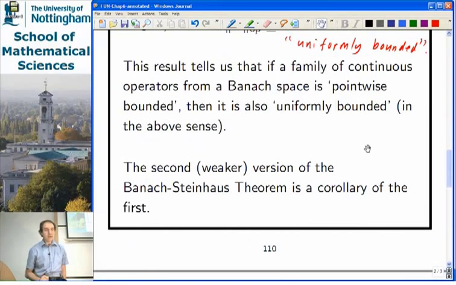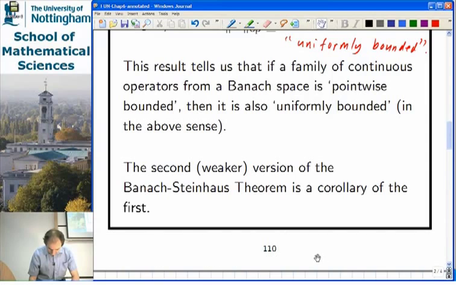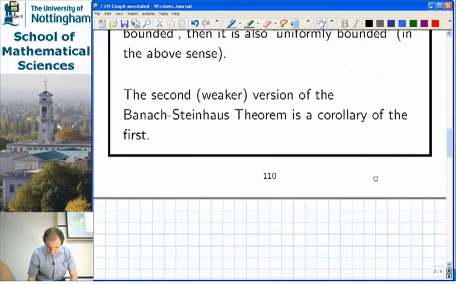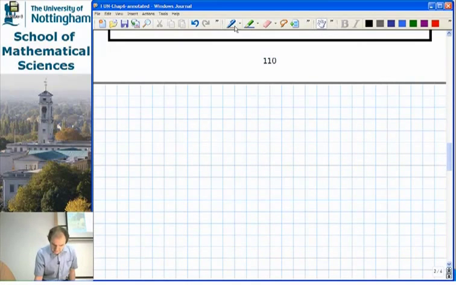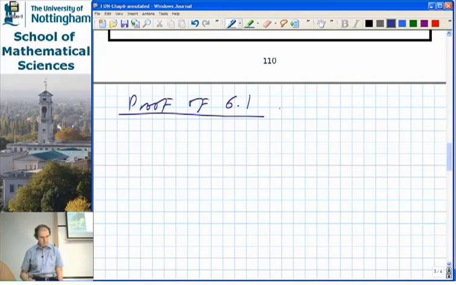And we'll come back and do the corollary afterwards. So here's your proof of the uniform boundedness principle. That's the proof of 6.1. I think this is slightly easier than the open mapping theorem.